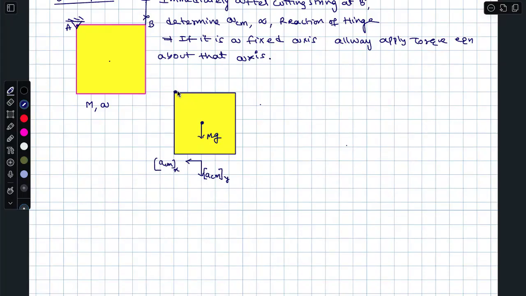About the hinge, let us assume that the reaction has components Rx and Ry.